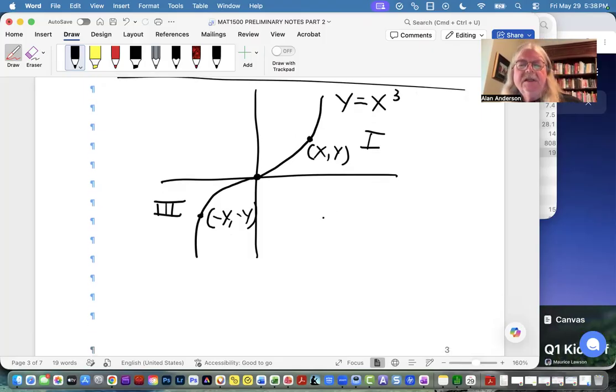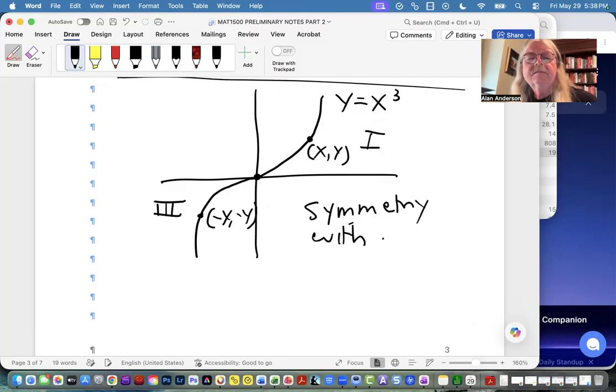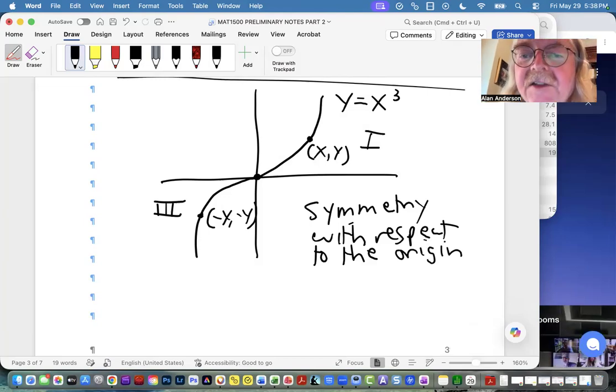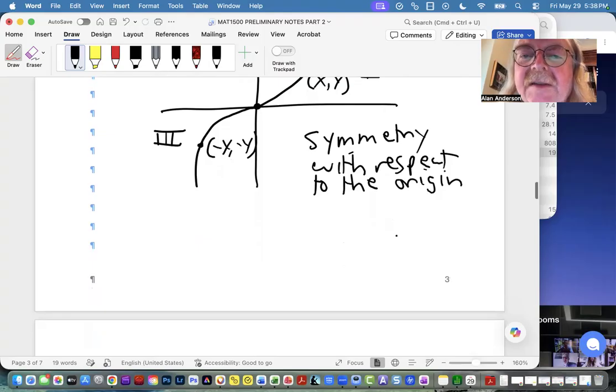That's symmetry with respect to the origin. Now, this can actually work in two different ways.